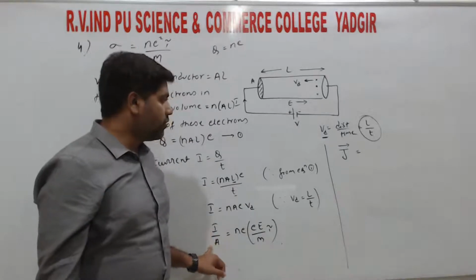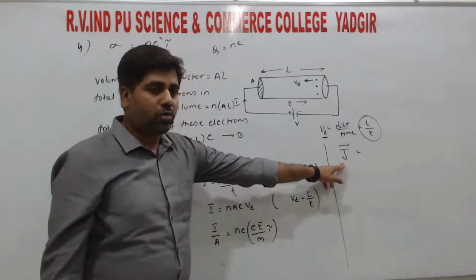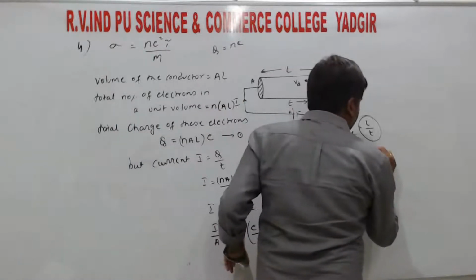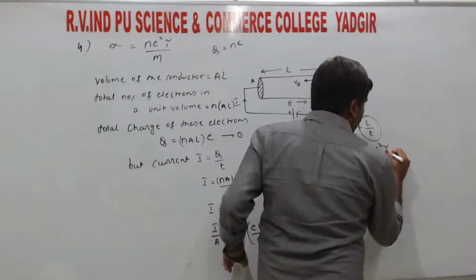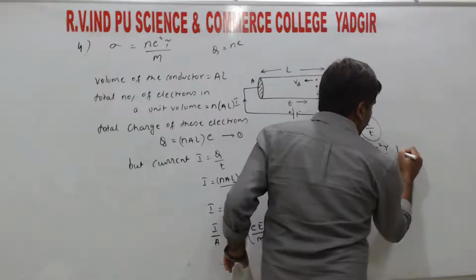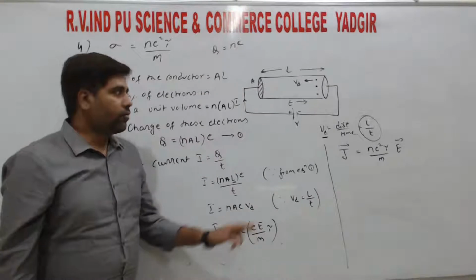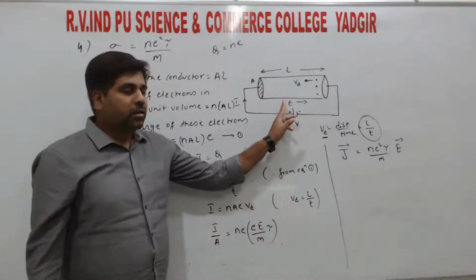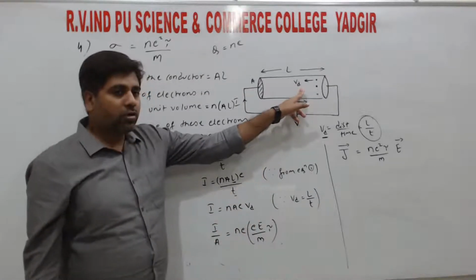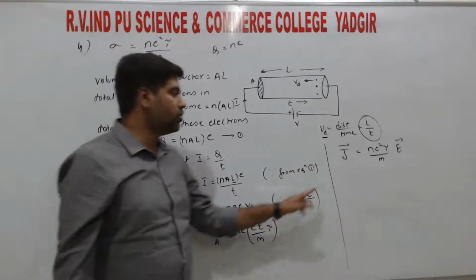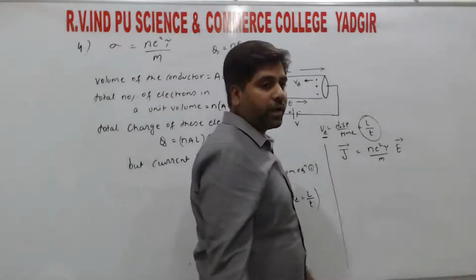So we can write I by A as the current density, right? So that is J, which is equals to, multiplying these terms, n e square tau divided by m into E, where E is the electric field. The electric field, drift velocity and current density are all vectors, so we can represent these in vector form, right?